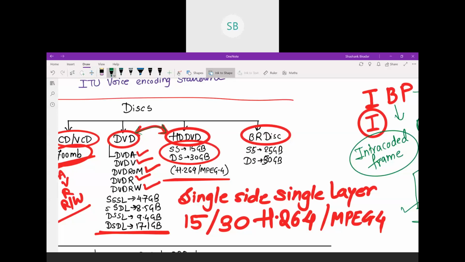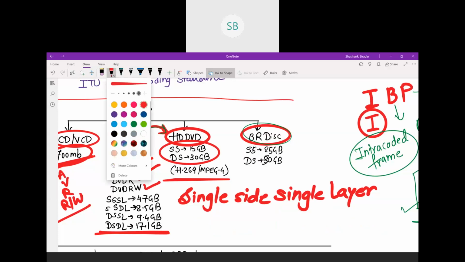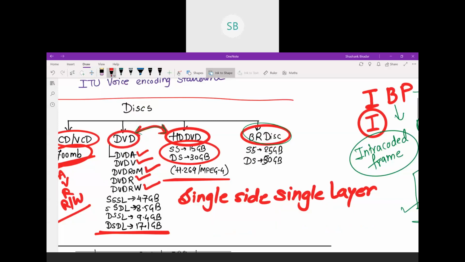Again, these differ only with respect to the size. The single layer is 25 GB and the double layer is 50 GB. Understood? This part is very clear, right?